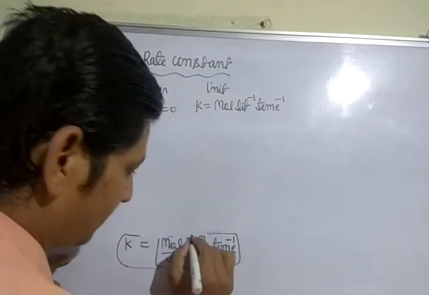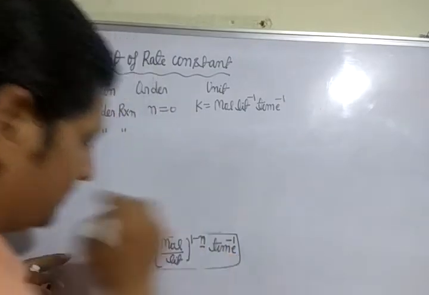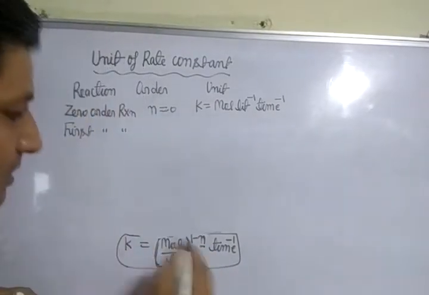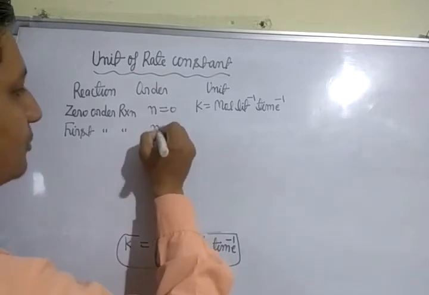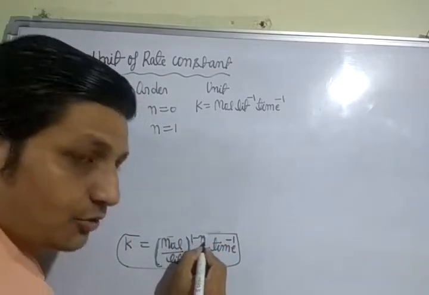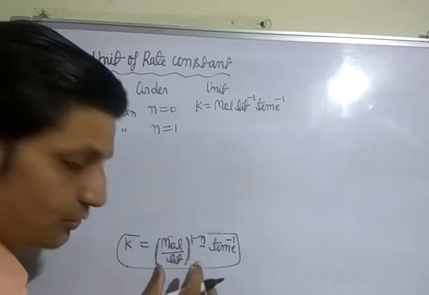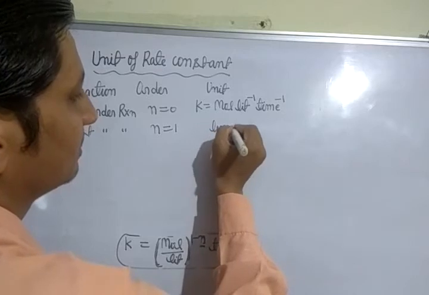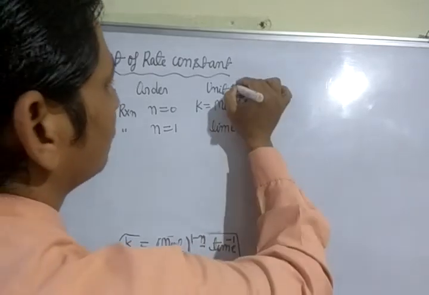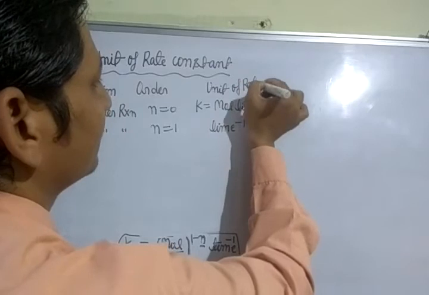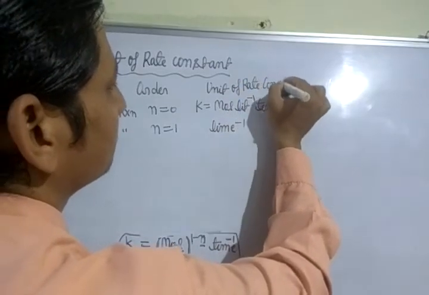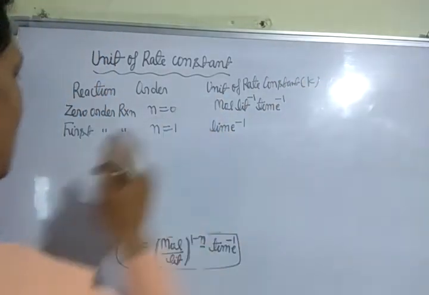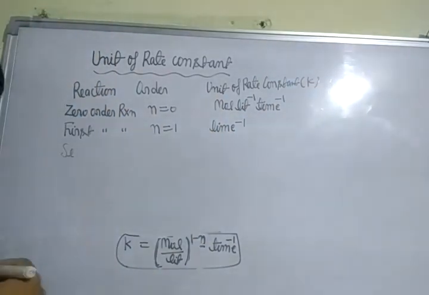This is the formula you have to learn: mole per liter to the power 1 minus n. Put here n is equal to 1, then we get 1 minus 1 is 0. Mole per liter to the power 0 value is 1. We get the unit of rate constant K as time inverse.